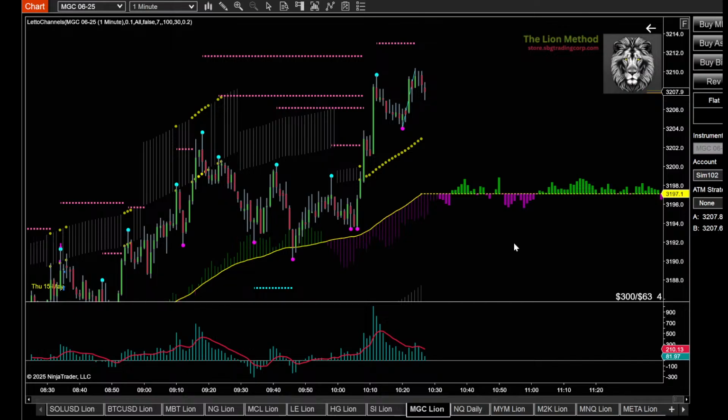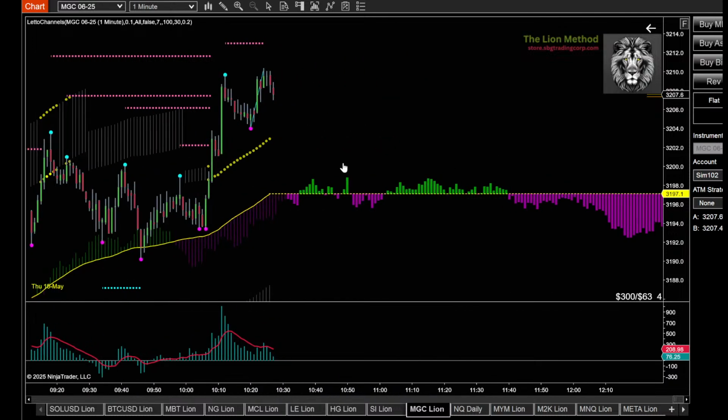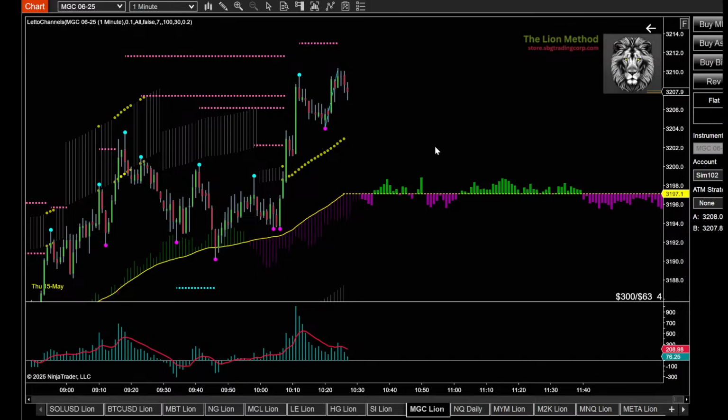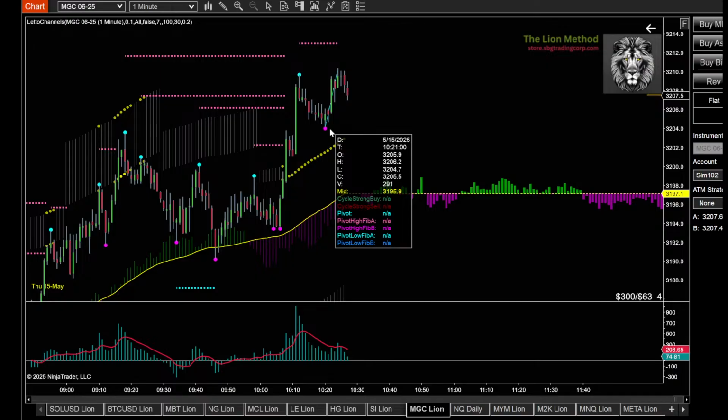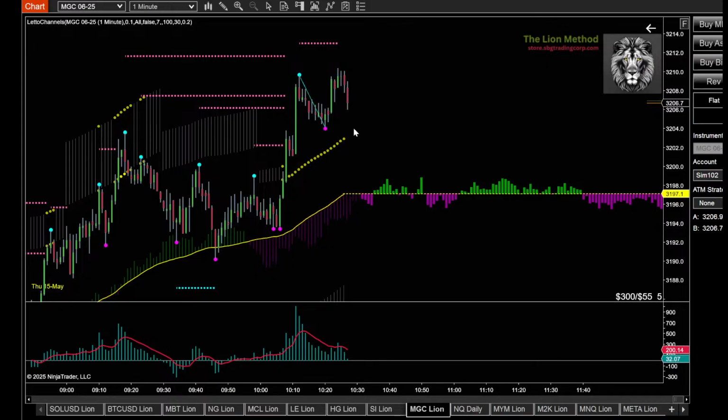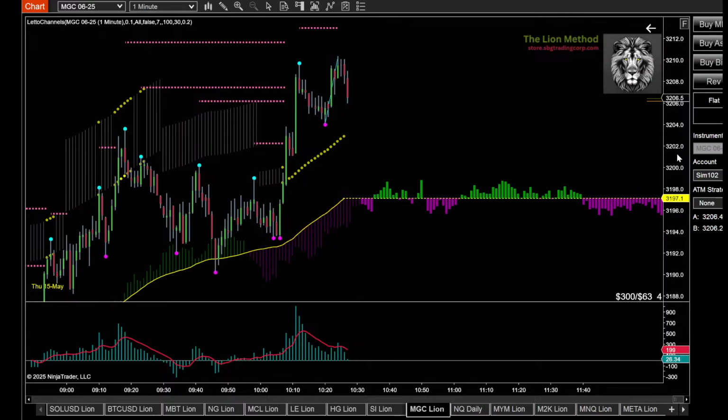Lucky me, right? All right, well, there's our sell dot in the gold. Order flow is downward. So this is a pretty substantial short position. That would be right here at 3204 even in gold.